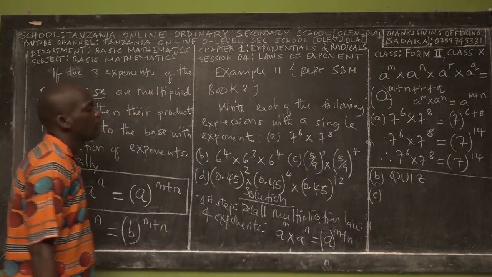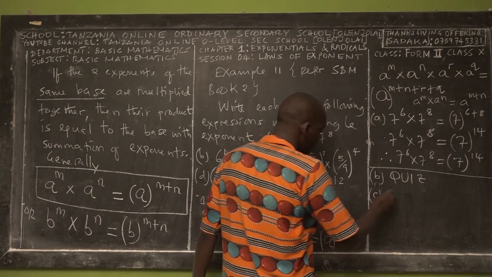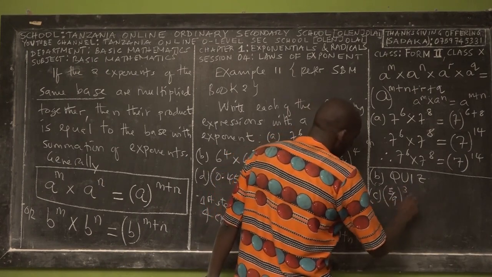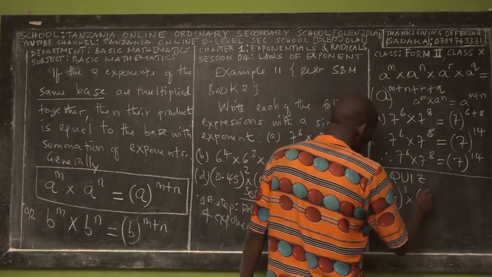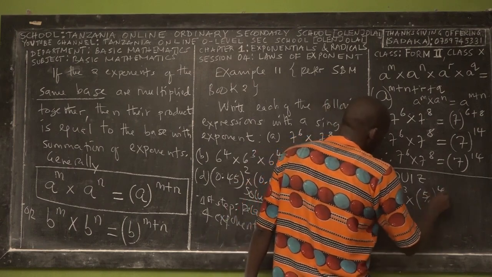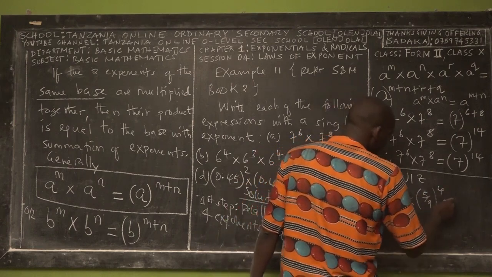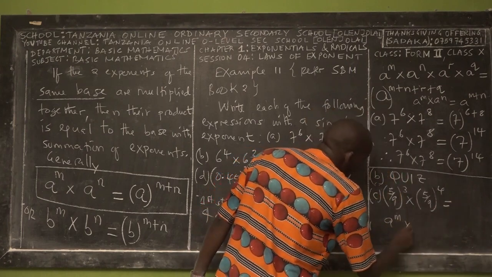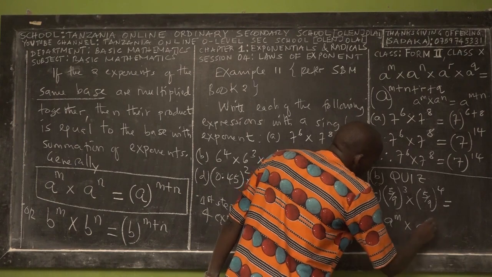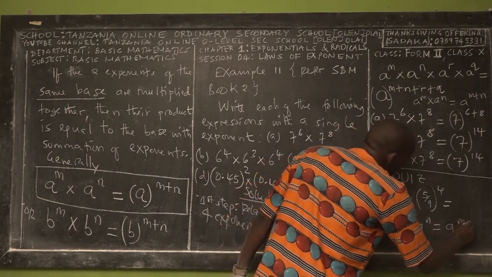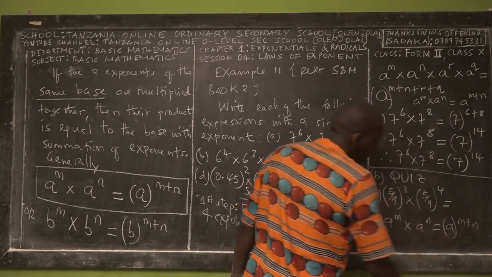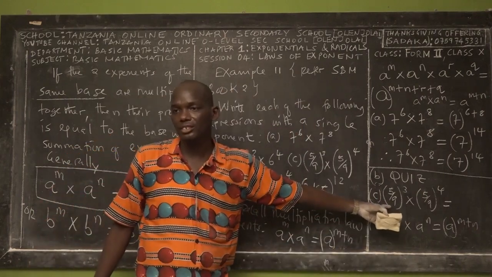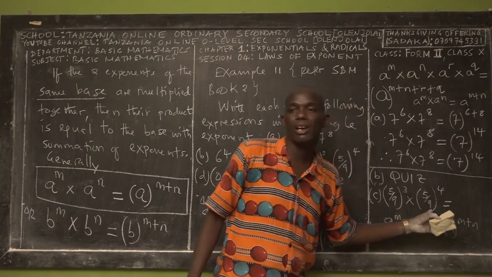Then let us go to Roman C because I want to challenge you. Roman C, we are given 5 over 9 power 3 times 5 over 9 power 4. Don't worry. The key point, I told you that a power m times a power m, the answer is a power m plus m. So what is the base of the first exponent? 5 over 9. The base of the second exponent? 5 over 9.